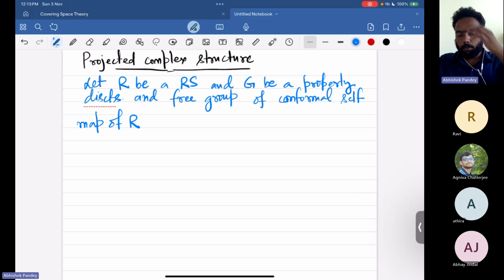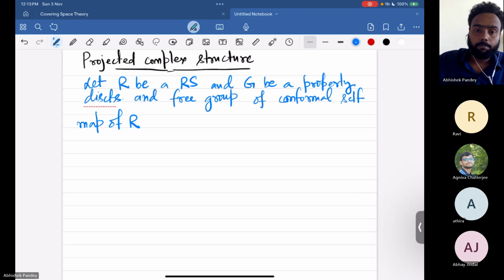So here by conformal I mean that it is holomorphic, one-one and onto map. Basically that is a biholomorphism. That is what I mean by conformal map. Conformal self map of R.